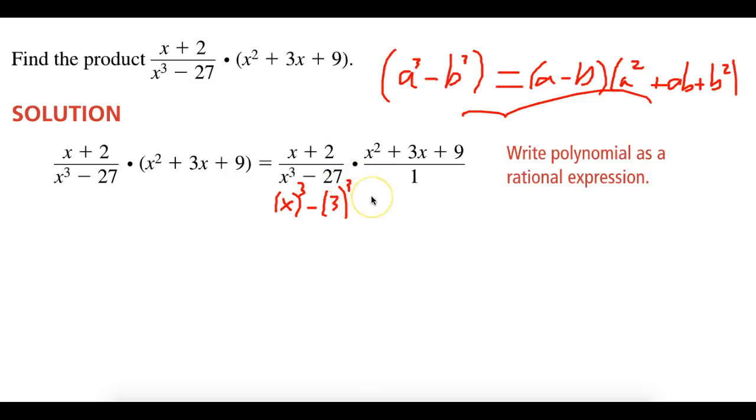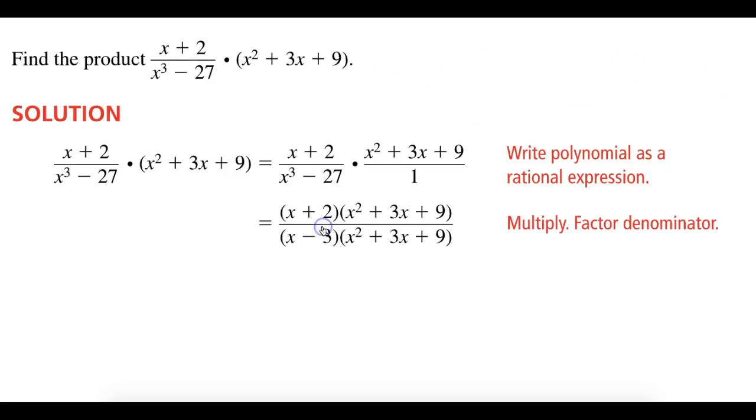When we plug this in, we get x minus 3 times a squared, x squared, plus ab, so that's 3 times x, plus b squared, which is 3 squared, 9. By factoring, we end up with some common terms that we can take out. We've got x plus 2 times x squared plus 3x plus 9 on top, then x minus 3 times x squared plus 3x plus 9 on bottom.